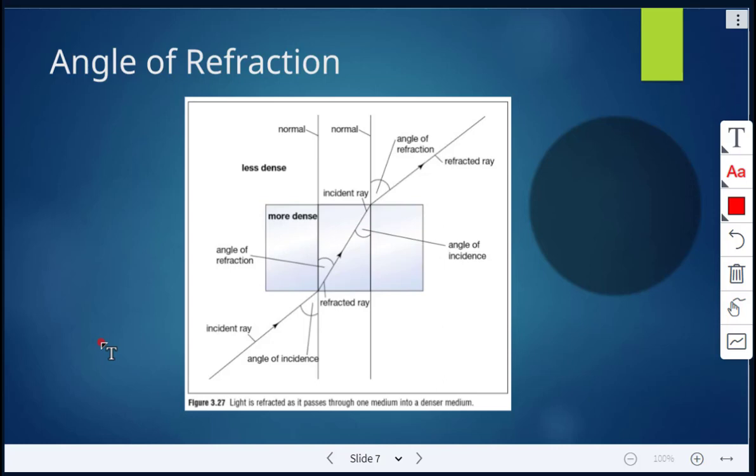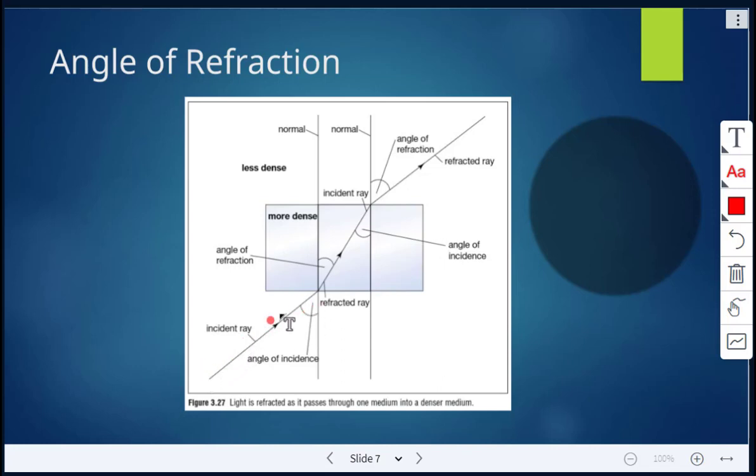All right, so looking at this diagram, light is refracted as it passes from one medium into a denser medium. Less dense out here, and through this substance, it is more dense. Here is our incident ray, and here is our angle of incidence.